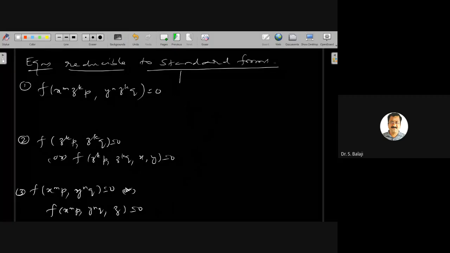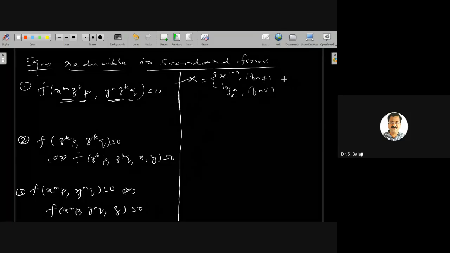Now, for these types of equations, they can be converted into any one of the standard types here. What are the substitutions we have to put here? Because x and z are with the product p, y and z are with the product q, we have to put all the substitutions. Capital X is equal to x power 1 minus m if m is not equal to 1, or log x if m is equal to 1.